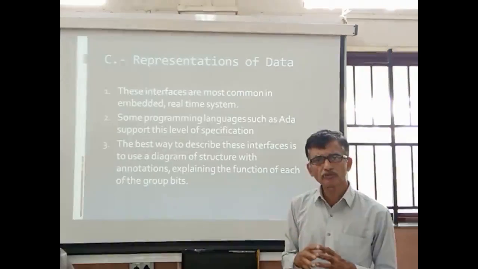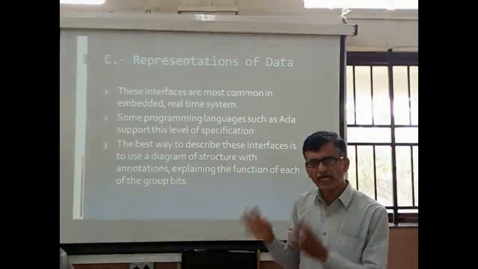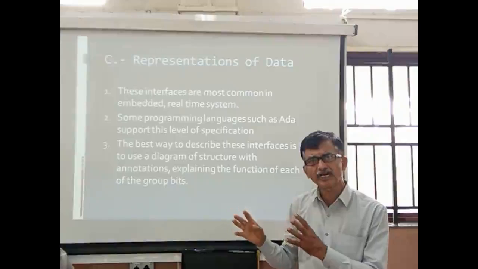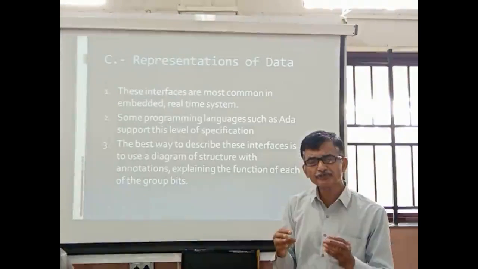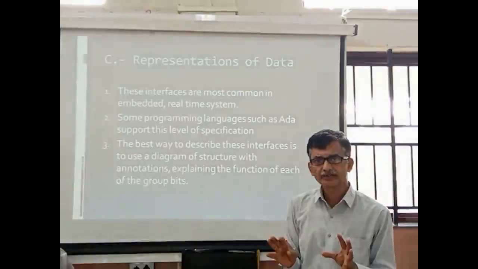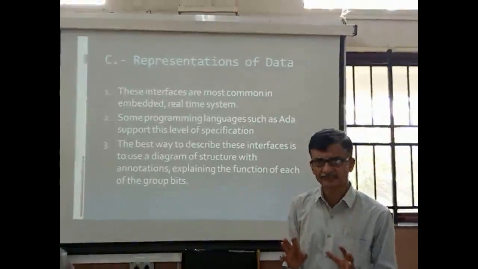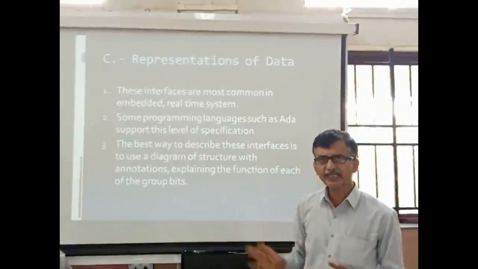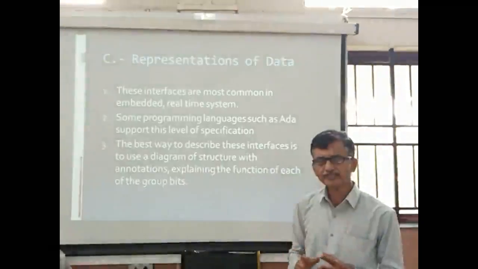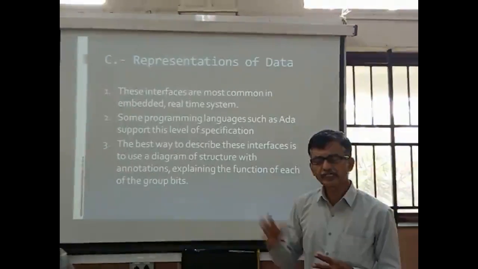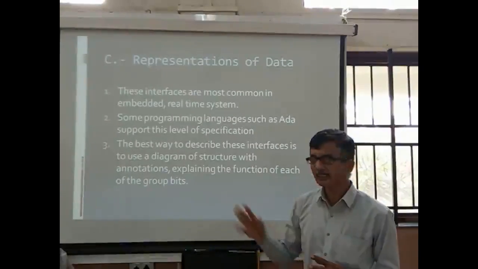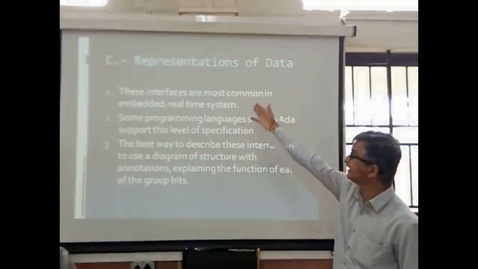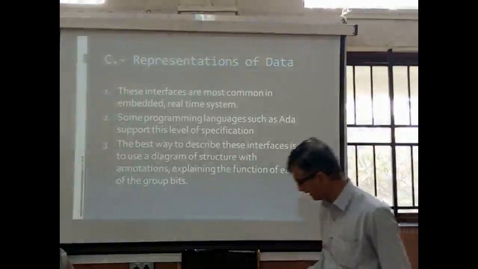What the bits that are part of the data representation are going to mean must be clearly mentioned by using annotations. So there are three types of interface representation: one is procedural, another is data structure, and third is the representation of data.